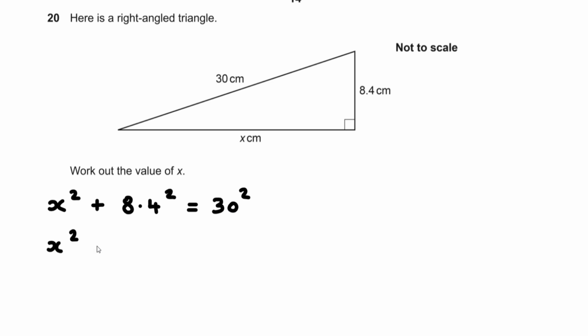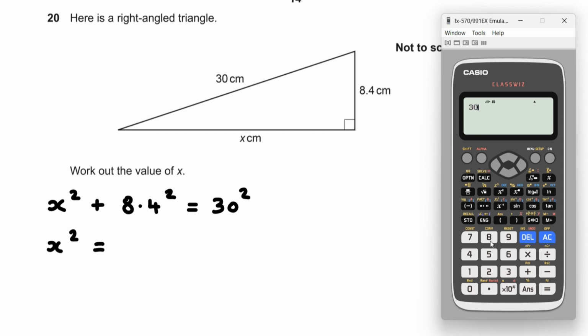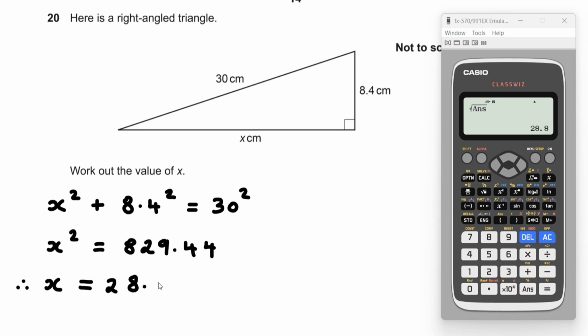So we can find the value of x squared. x squared is equal to 30 squared subtract 8.4 squared, which is equal to 829.44. So therefore, to find out what x is equal to, we have to square root, giving us 28.8 centimetres.